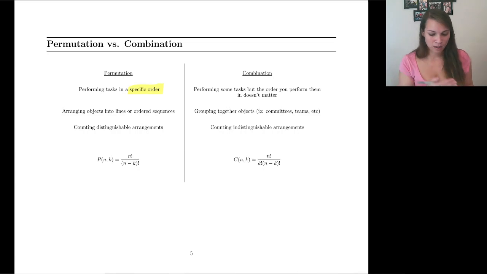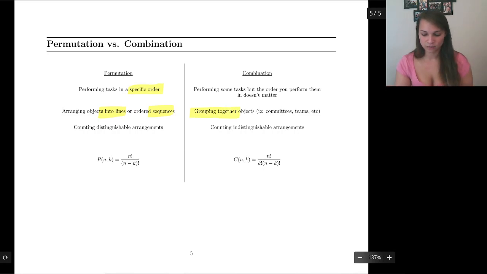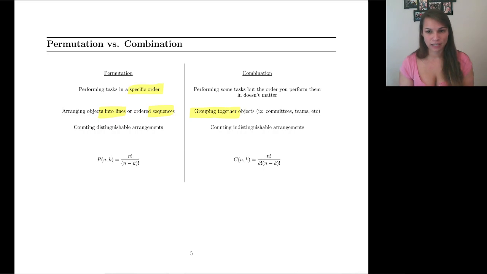Next, the sorts of things you might encounter for permutation versus combination: we could arrange objects into lines or sequences. The equivalent for combinations would be just grouping things together, where order doesn't matter when things are grouped. That would be like a set.